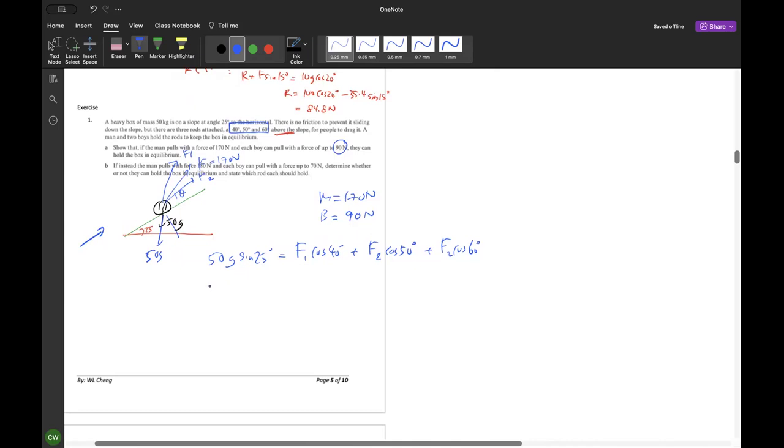To hold this, the downward force will be 500 sine 25. Sine 25. 211.3. 500. Less than 90.